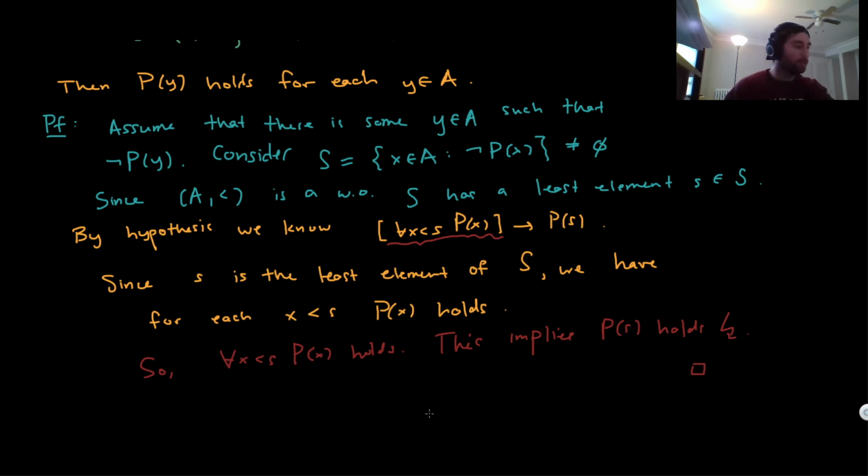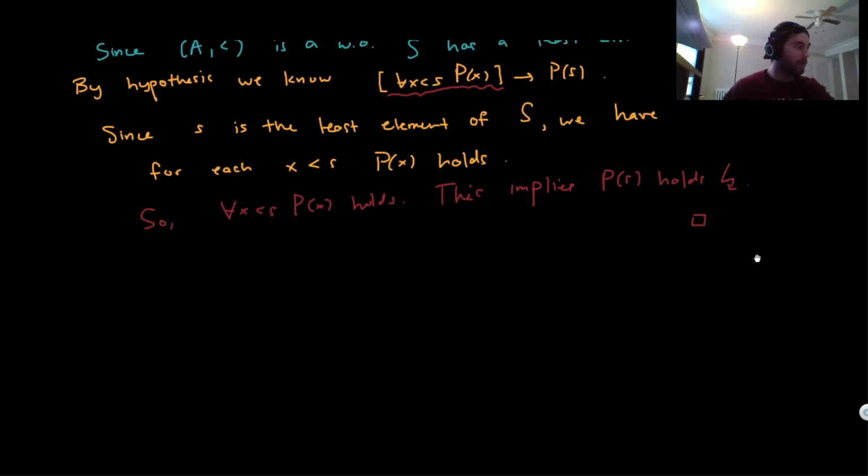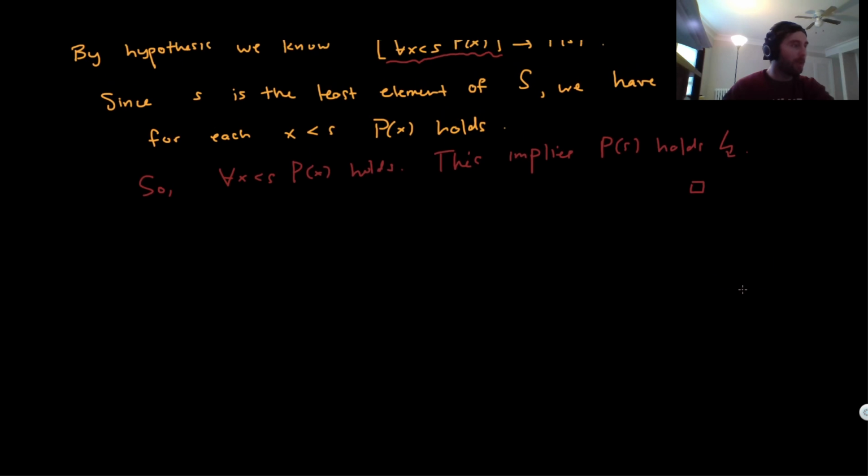Okay, so I mentioned something before we started the proof of this, that this statement of induction is stronger than the normal induction that you might be thinking of for the natural numbers. To justify this, let's consider the following scenario.